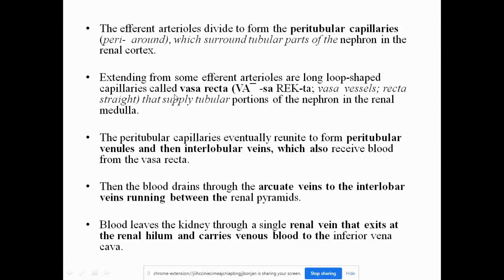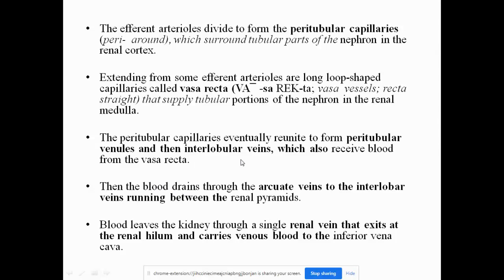Vasa means vessels, recta means straight. They supply the tubular portions of the nephron, especially the loop of Henle in the renal medulla. The peritubular capillaries eventually reunite to form the peritubular veins and then the interlobular veins, which also receive blood from the vasa recta.